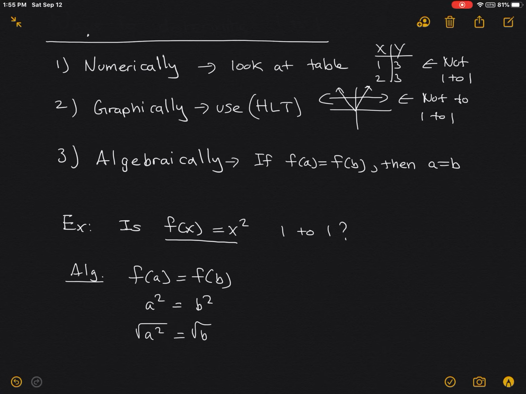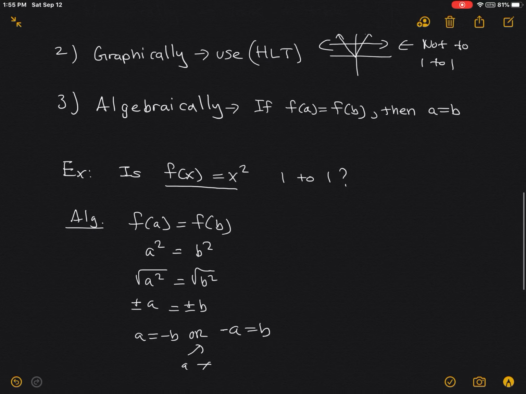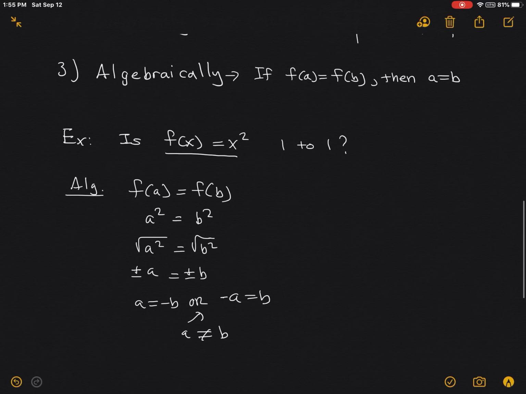Now, if you take the square root of both sides, the square root of a squared could be plus or minus a. The square root of b squared could be plus or minus b, right? You could have a equals negative b, or you could have negative a equals b, right? These guys don't equal. The a doesn't necessarily equal b, hence not 1-to-1. Hence, there is no inverse. So algebraically, I verified that.